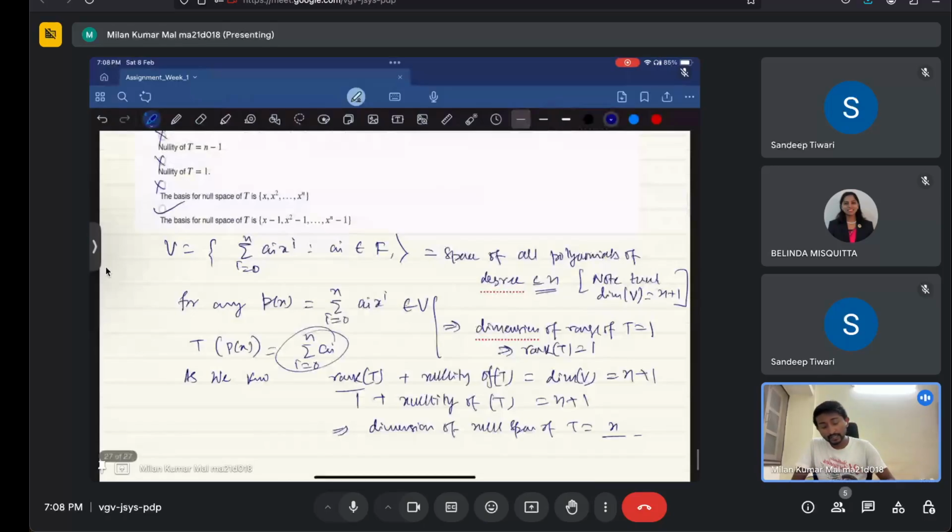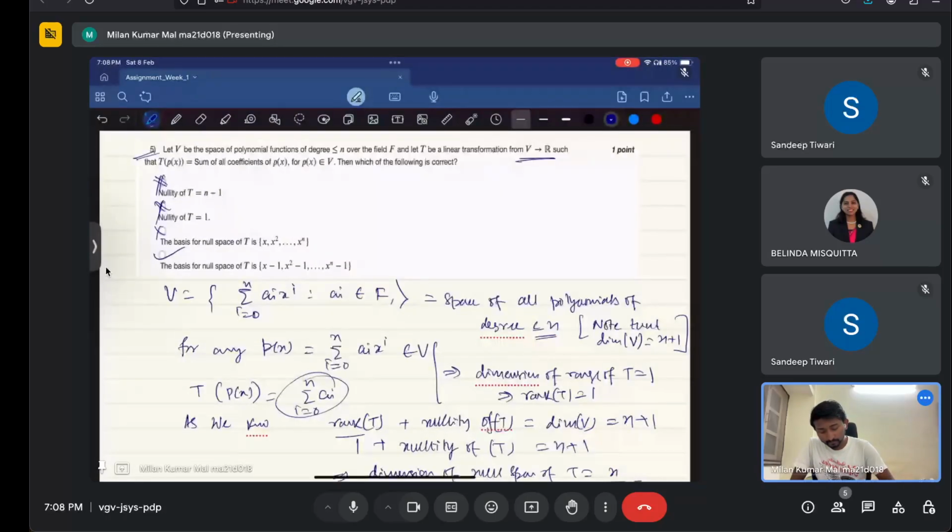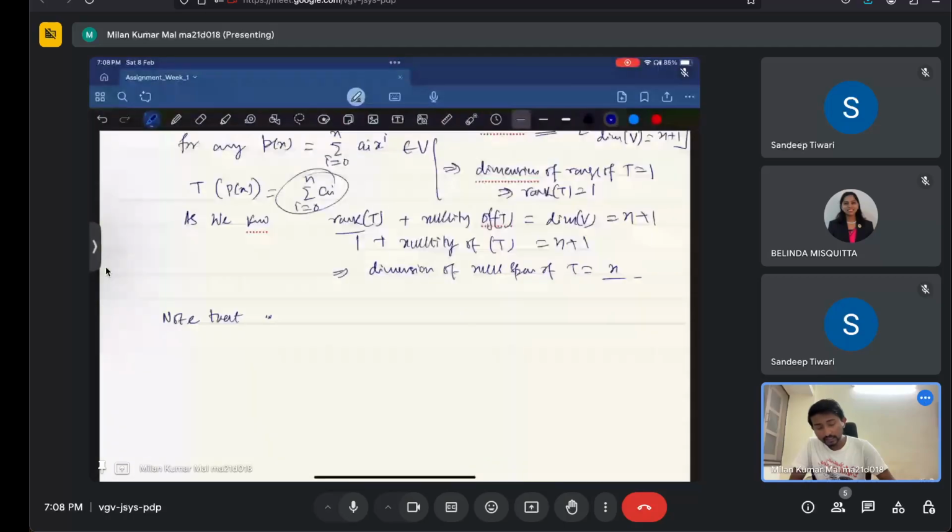Now the basis of the null space of T is this? This is also false, because note that option C is false, as T of x to the power i is not equal to 0. They are not 0, because T of x^i is always 1.